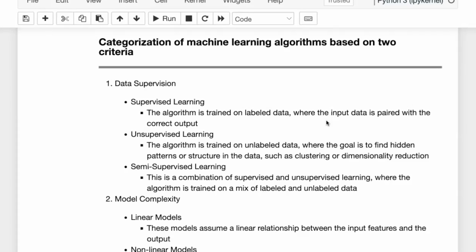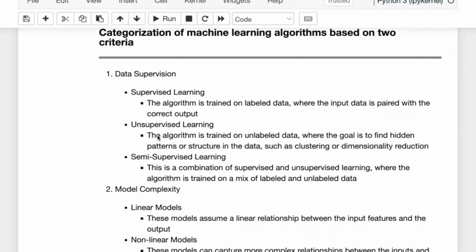For example, in the case of medical image data analysis, for each medical image that we have, this can be a CT scan or something like that, we do have a label that says, for example, if this is normal or abnormal. So this is what is called labeled data, and supervised learning means that we are training on labeled data.